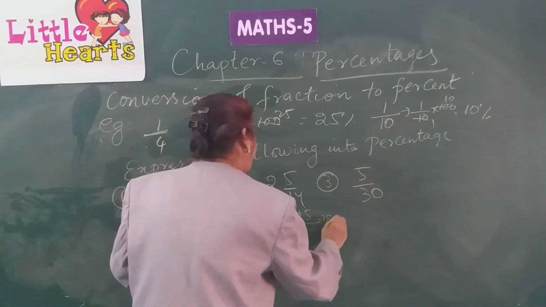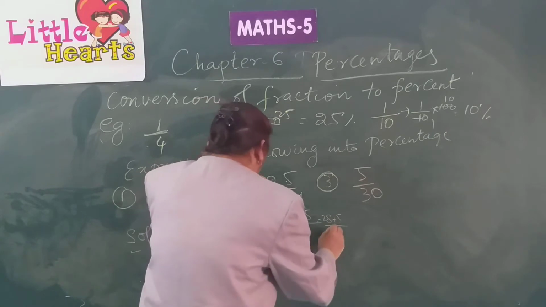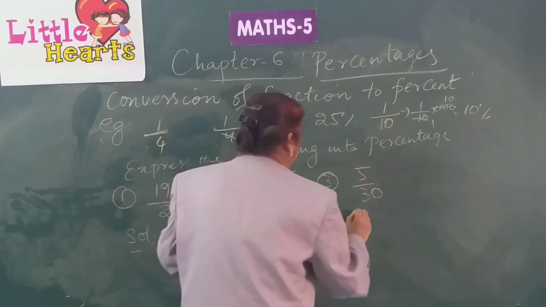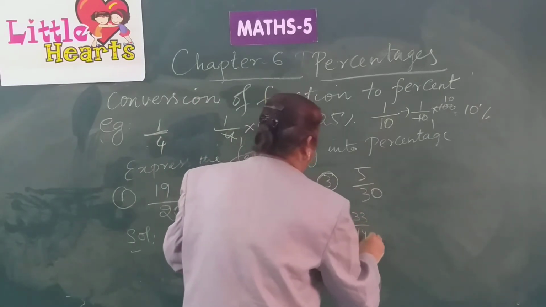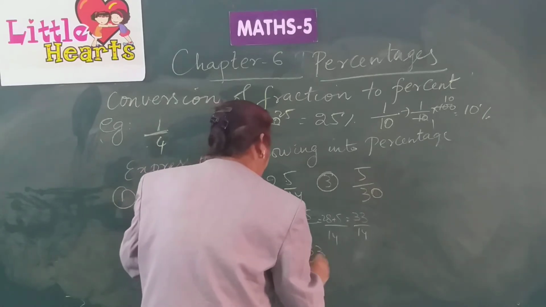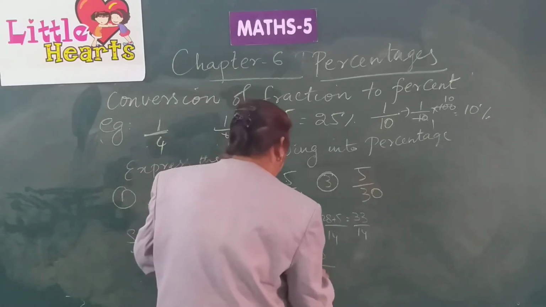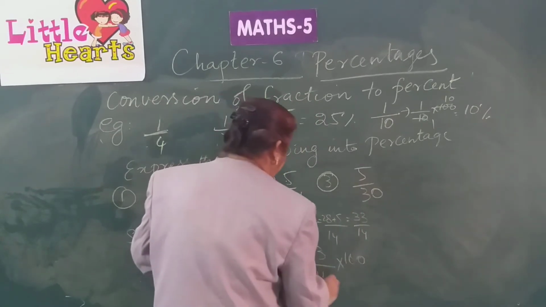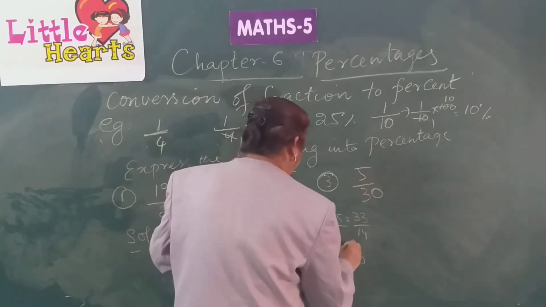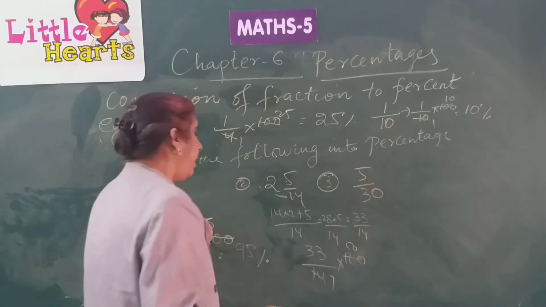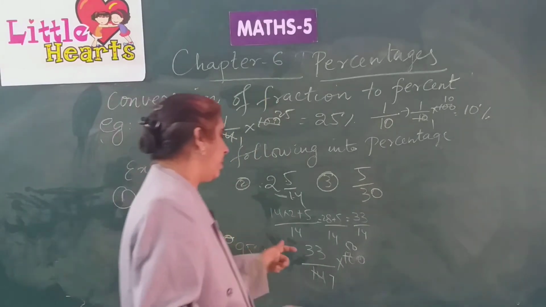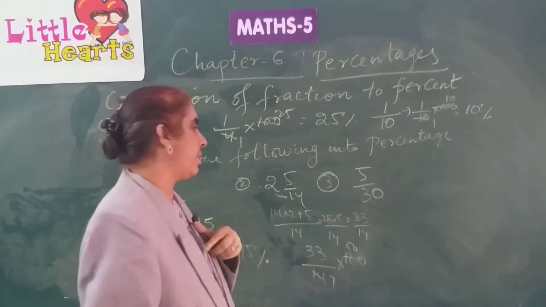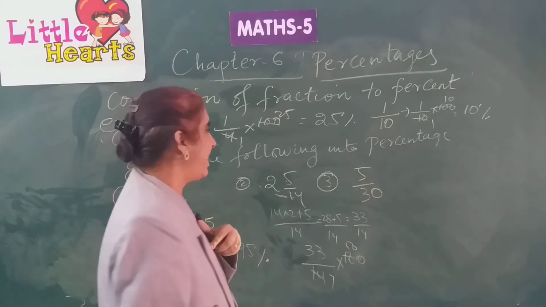So 28 plus 5 is 33 by 14. 33 by 14 into 100. 2 7s are 14, 2 50s are 100. It cannot be cancelled further. 33 5s are 165.